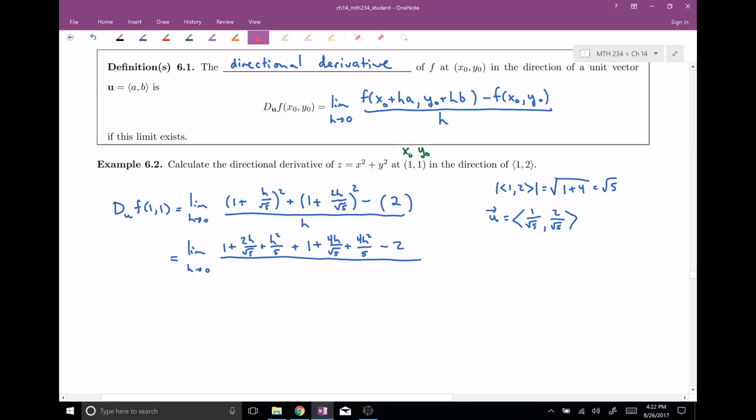You can see very nicely the 1s and the negative 2 perfectly cancel out, and this is all being divided by h.